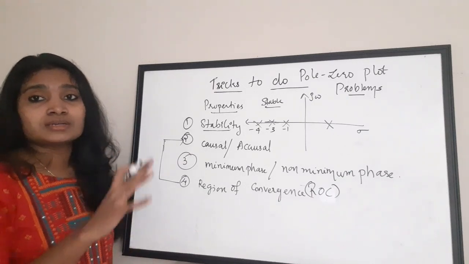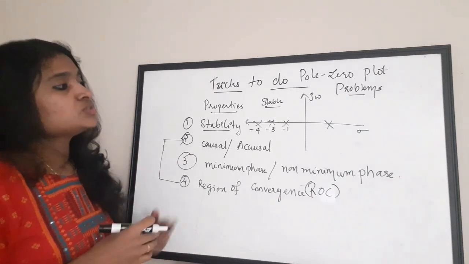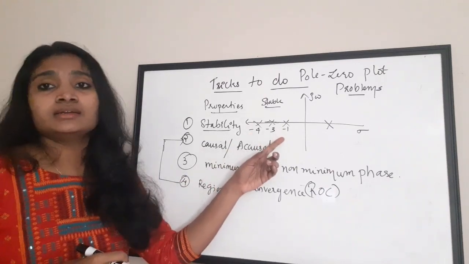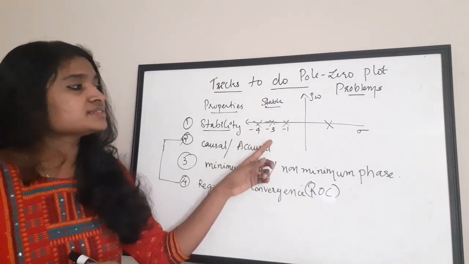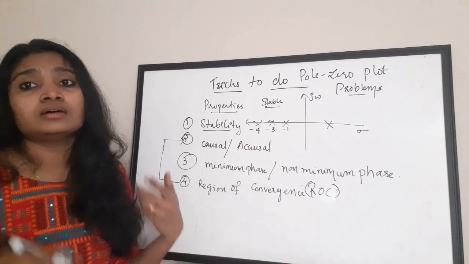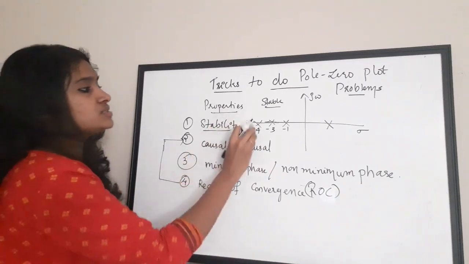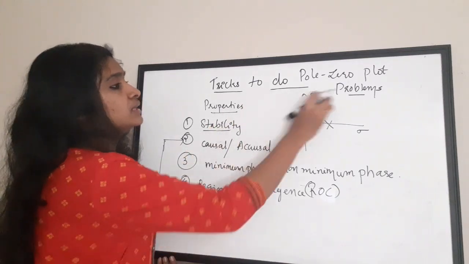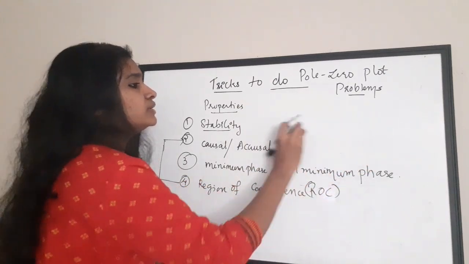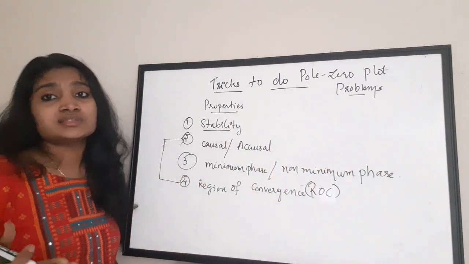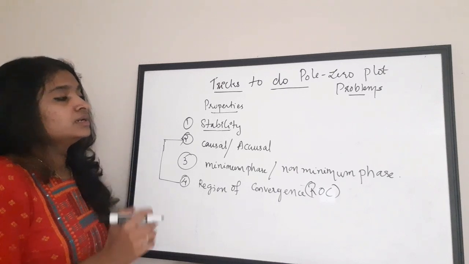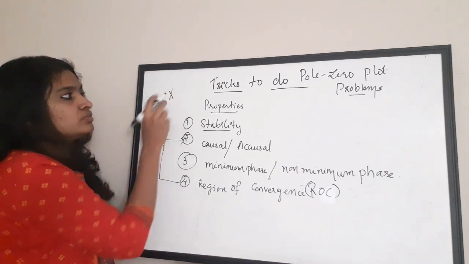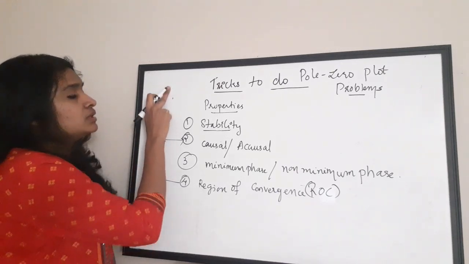Okay, so I hope this concept is clear. So if the poles are on the negative side, then it is called a stable system. Otherwise, it is called an unstable system. So that is all about stability. So if you are given a pole zero plot, now you will be able to find out whether the system is stable or not, right? So you have to look for the crosses, that is your poles.